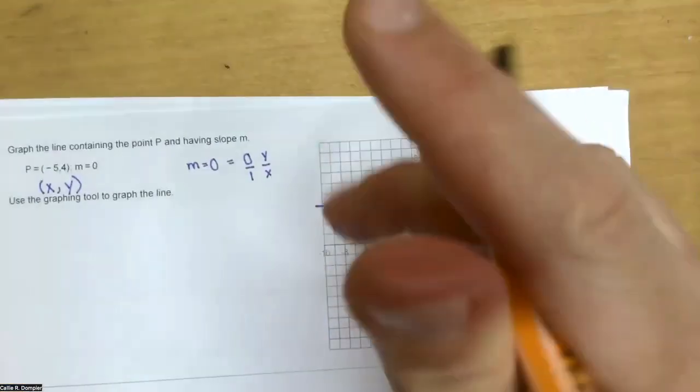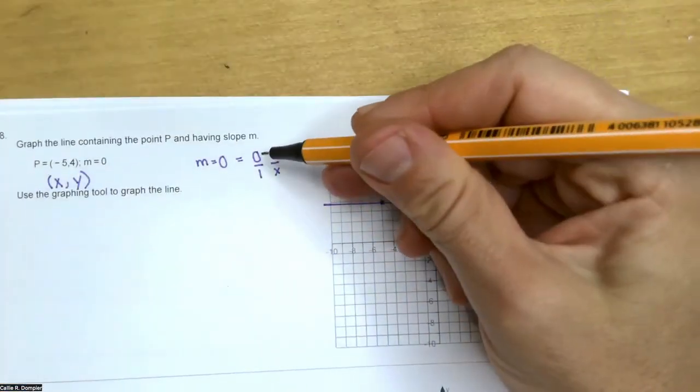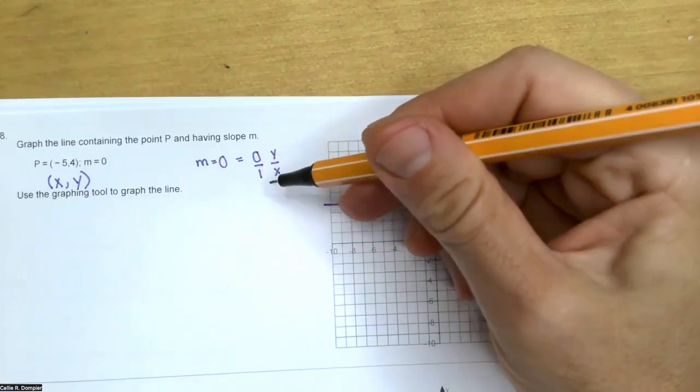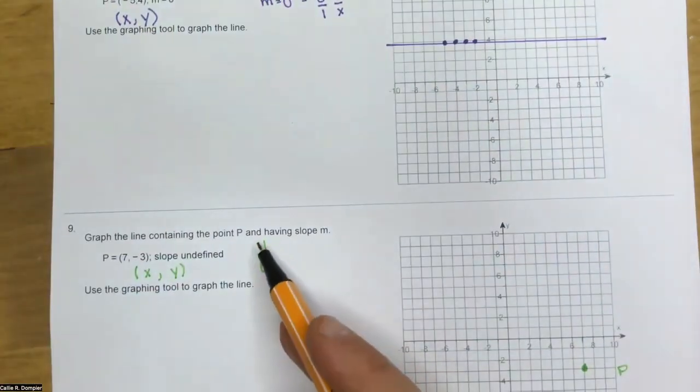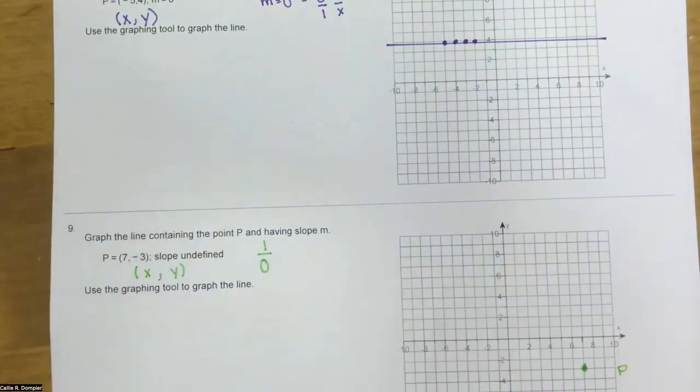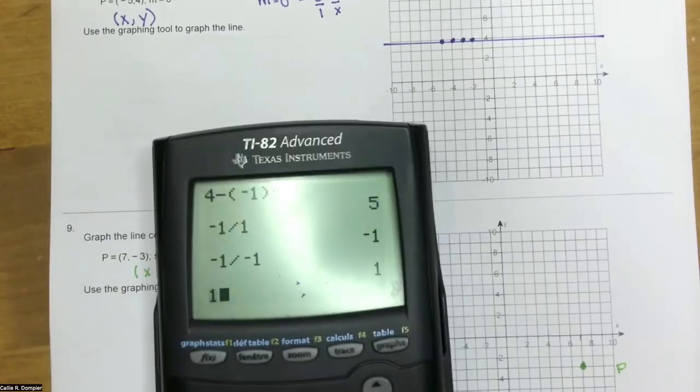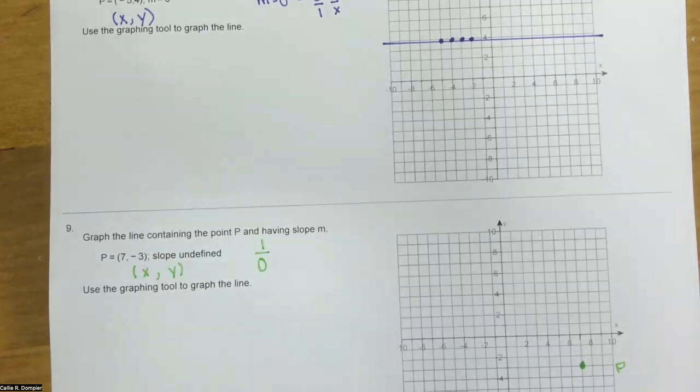So over here, if your slope is 0, that means there's a 0 on the top and 1 on the bottom. Undefined means whatever number you have on top, you divided it by 0. What happens? It says error because you cannot divide by 0. Good? 0 divided by 1, that's fine. That's still 0. 1 divided by 0 is an error.